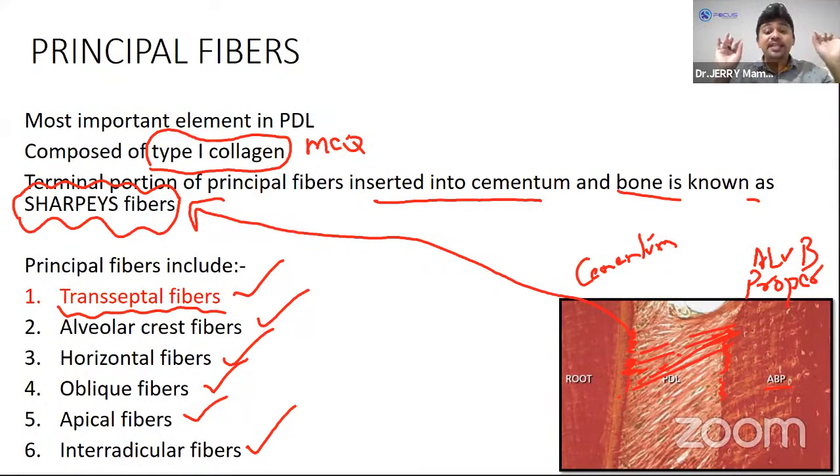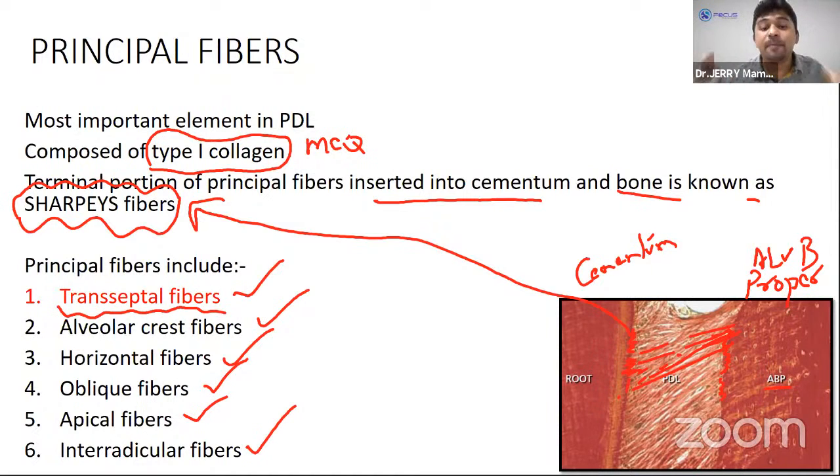Okay, so the basic point that you should understand about periodontal fibers: where do they attach, or where do they start and where do they end? They start from a tooth structure and end in the bone. That is the basic pattern of your periodontal ligament fibers. That means they will either start from the bone and attach into the tooth, or from the tooth back into the bone.